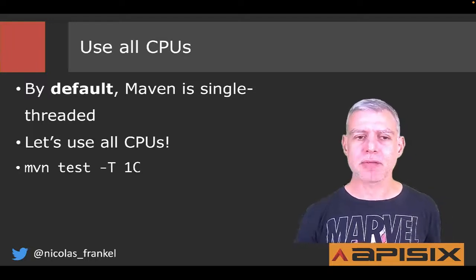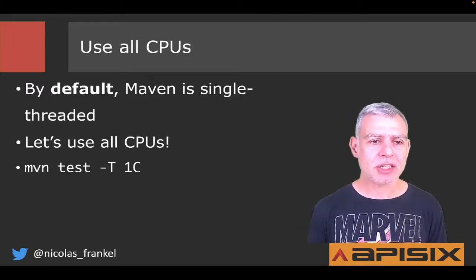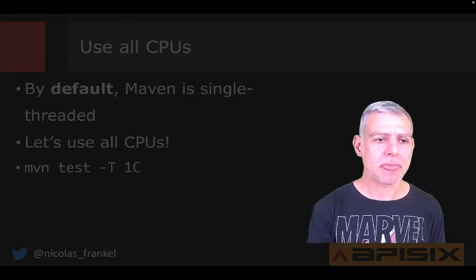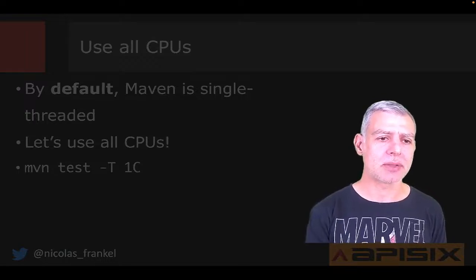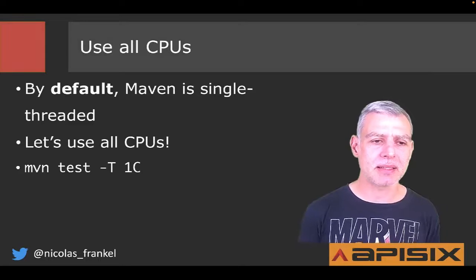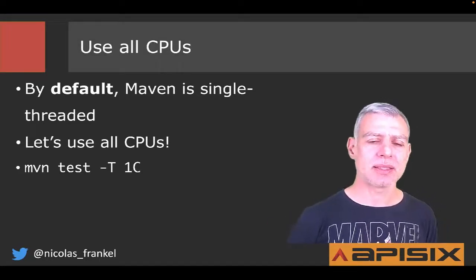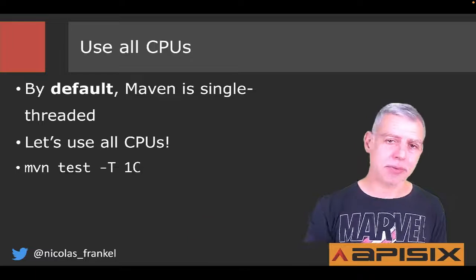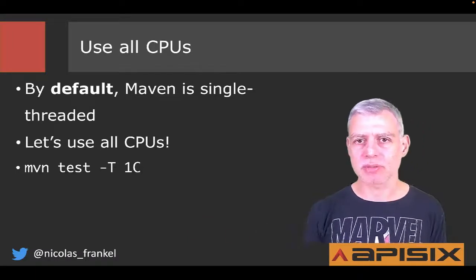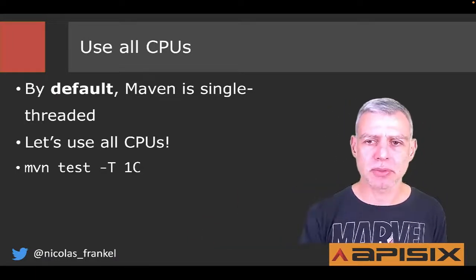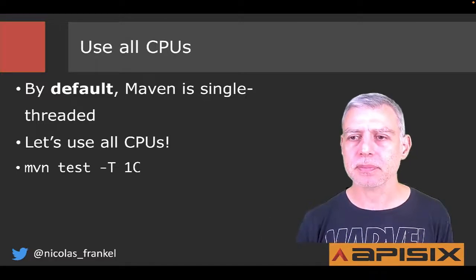And so you have this -T option available here. You can check the documentation yourself, but basically here it says 1 thread per core. So you can set it relative to the number of cores, which is good depending on the machine you're running on, or you can set an absolute number, it's up to you.